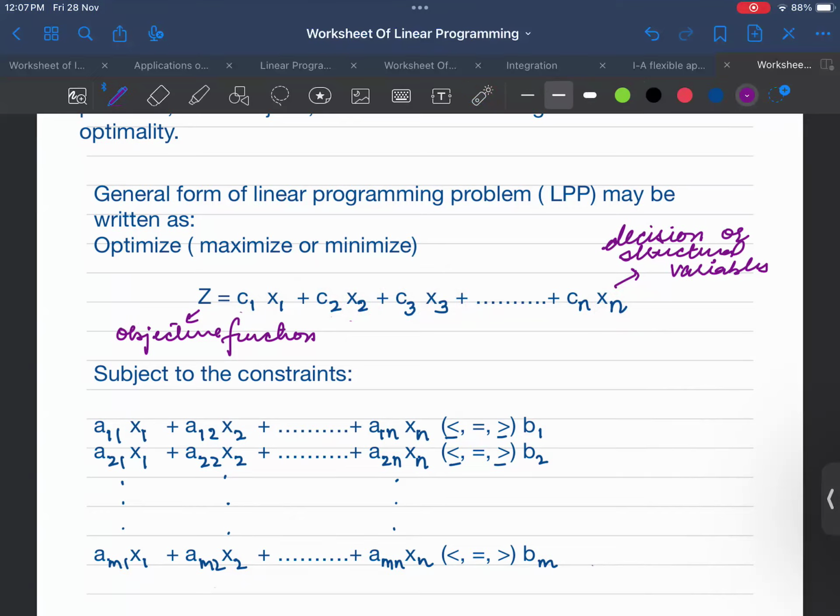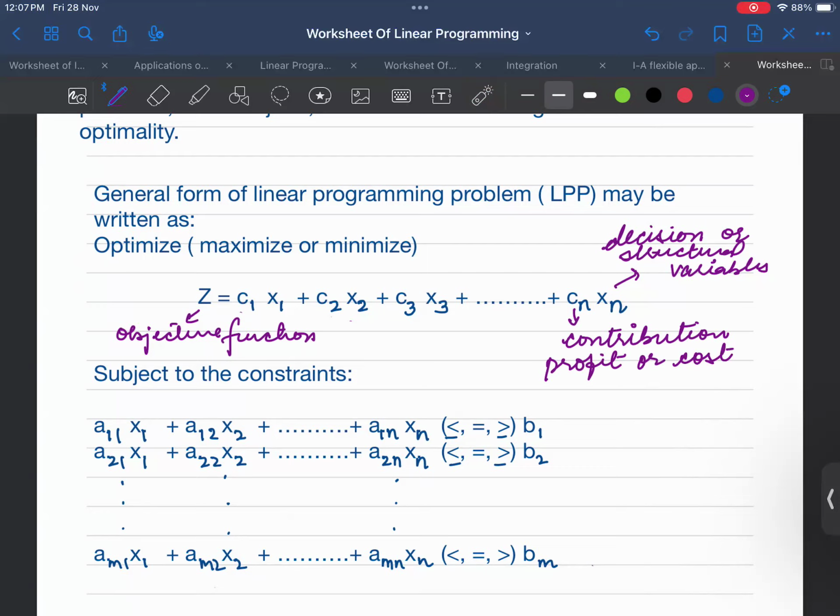But at the same time, what are the C1, C2, Cn which are attached to that? So that is a contribution. What is the contribution of that decision variable to the objective function? Or I can say profit, if it's a maximization case. If it's a cost function, then it's a cost.